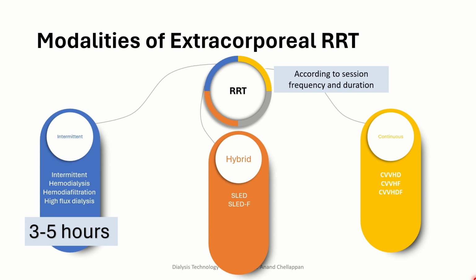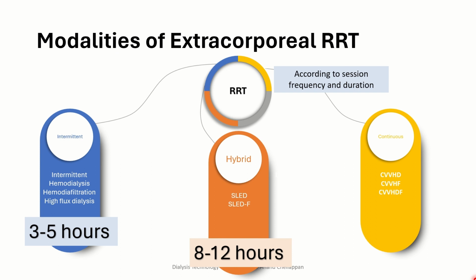Now, hybrid therapies fall in between intermittent therapy and continuous therapies. These include SLED, slow low efficiency dialysis, and SLED-F, slow low efficiency diafiltration. And these therapies typically continue for 8 to 12 hours.